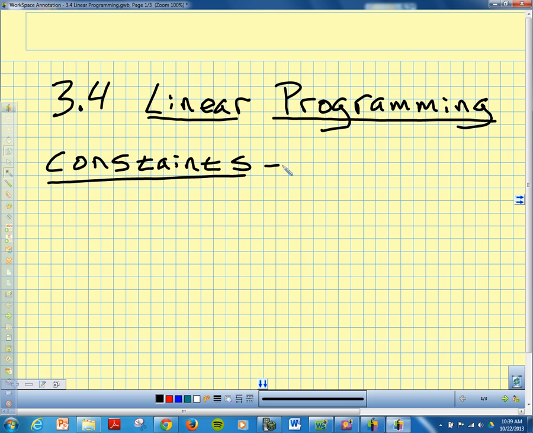So constraints are really just limits. If we're producing something, let's say corn and soybeans, we can't produce negative corn and soybeans.